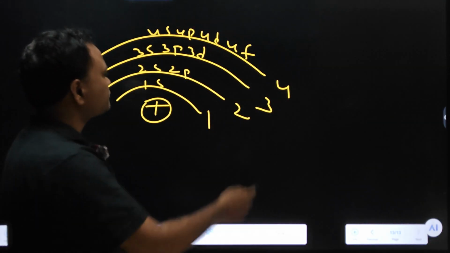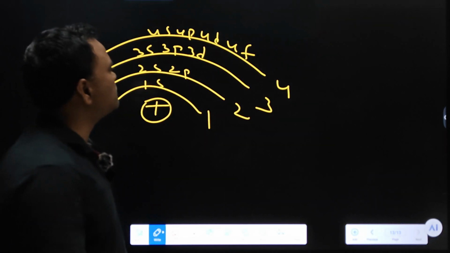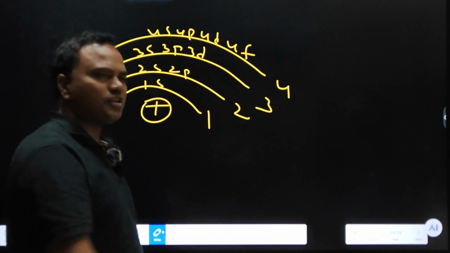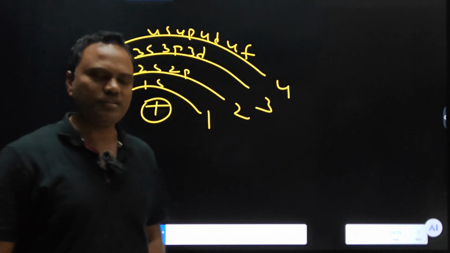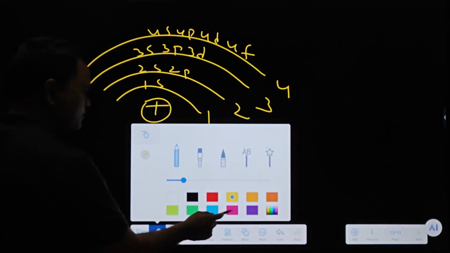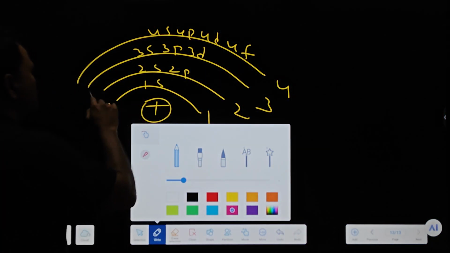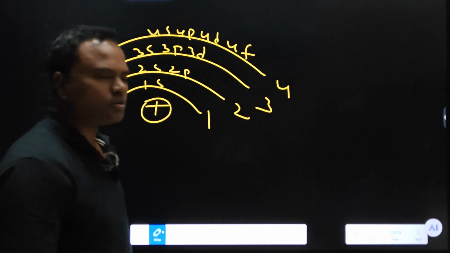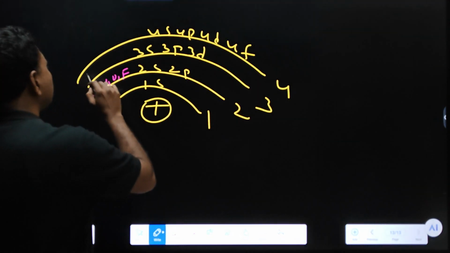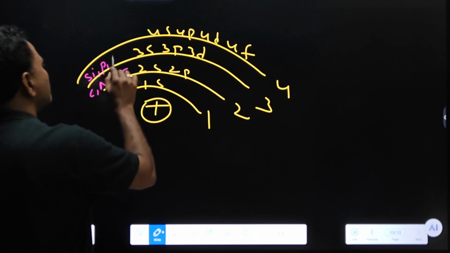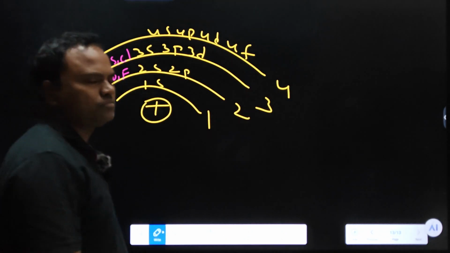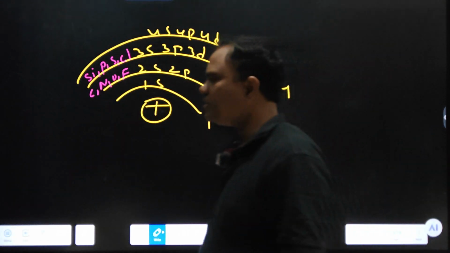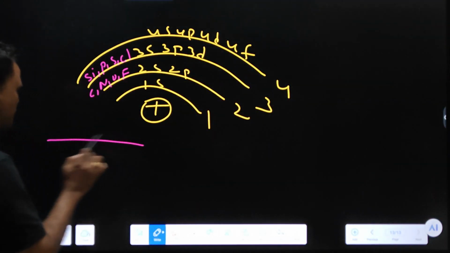In the third period onwards, d orbitals are starting. Clear? In the second period, d orbitals are not present. What are the second period elements? Carbon, nitrogen, oxygen, fluorine. What are the third period elements? Silicon, phosphorus, sulfur and chlorine. In second period elements, vacant d orbitals are not present.